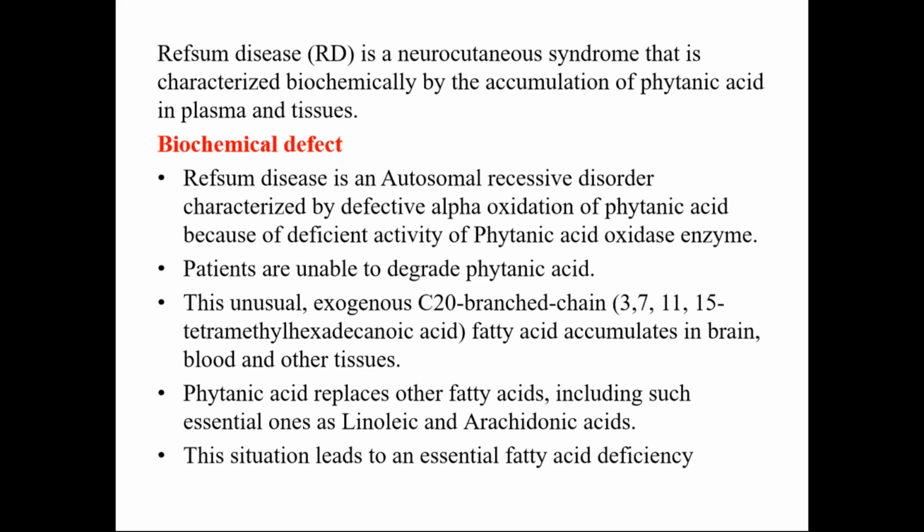So in this disease there is a defect in alpha oxidation due to deficiency of the enzyme phytanic acid oxidase. Due to this deficiency, alpha oxidation will not occur and patients are unable to degrade phytanic acid, and it will accumulate in the brain, blood and other tissues.